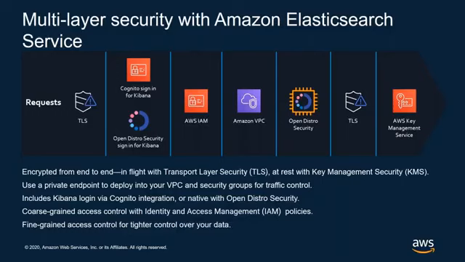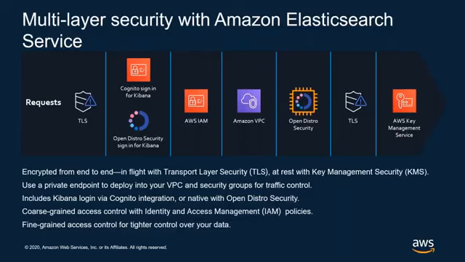Once a request arrives to the Amazon Elasticsearch service, you would leverage IAM to validate whether or not the request, if it came from an automated process, is able to talk to the service and actually complete that action.